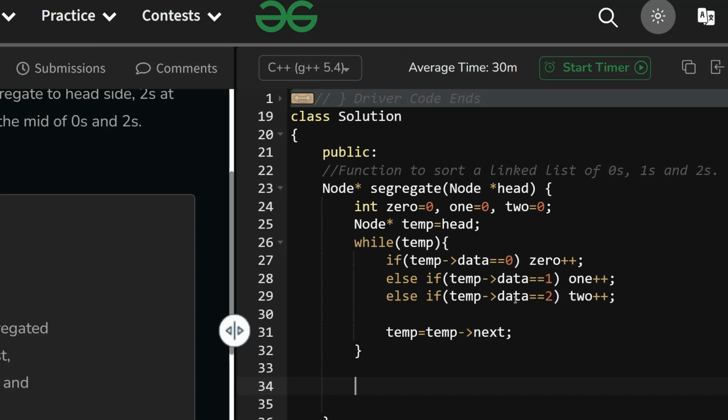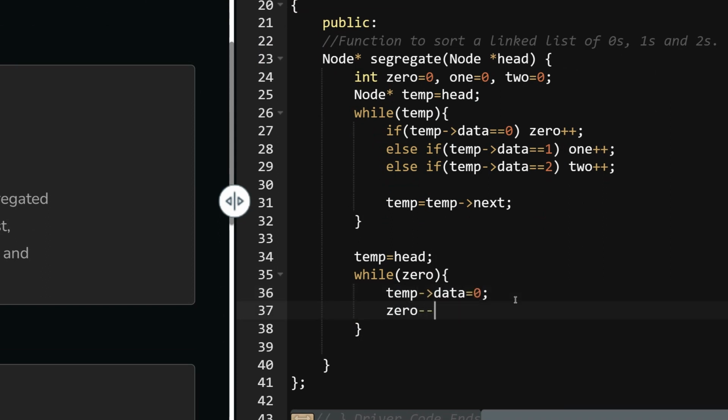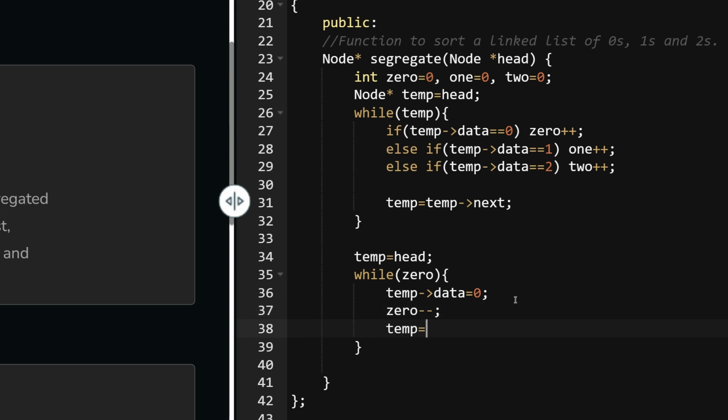Now I will set temp equal to head again, and while my count of 0 is not equal to 0, I will do something like this: temp data equals 0, because we used a 0, we decrement the counter, and now temp moves to temp next, right?